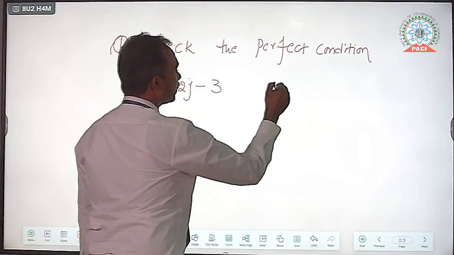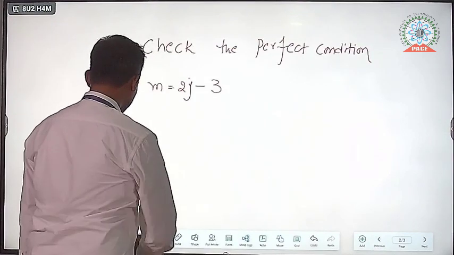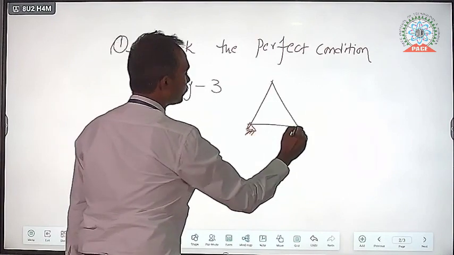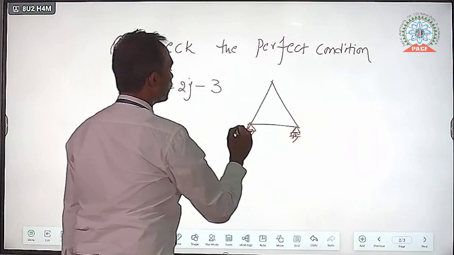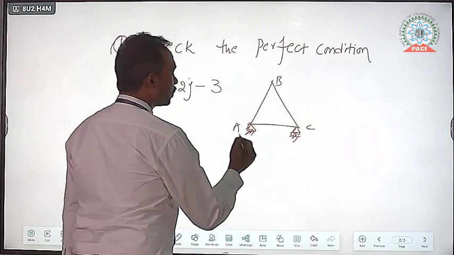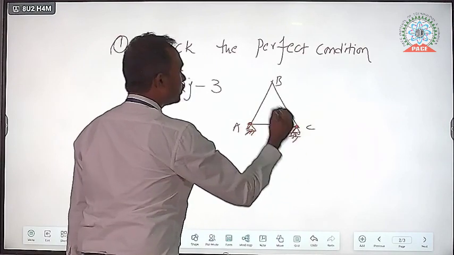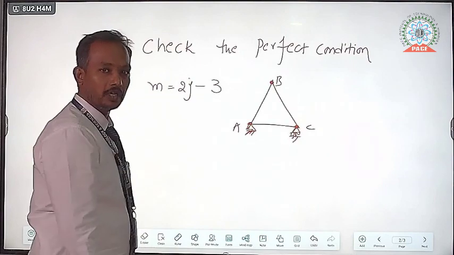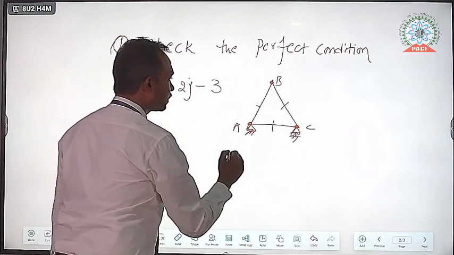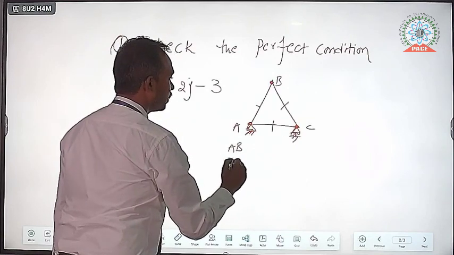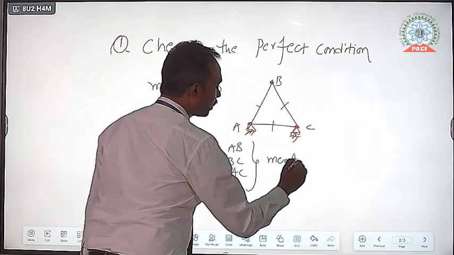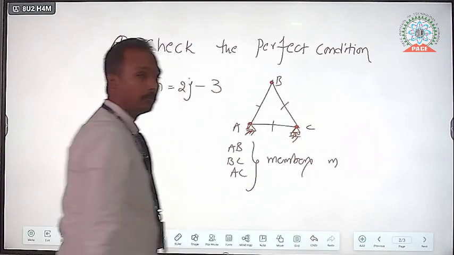Let us take a small one like this. ABC. Okay. So these are the joints. And these are the members. AB, BC, AC, those are the members denoted by m.